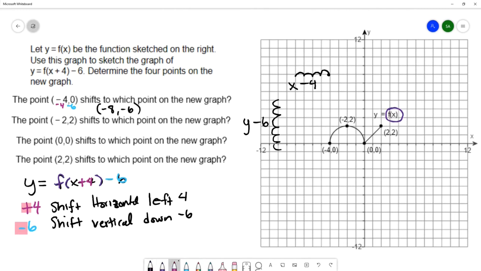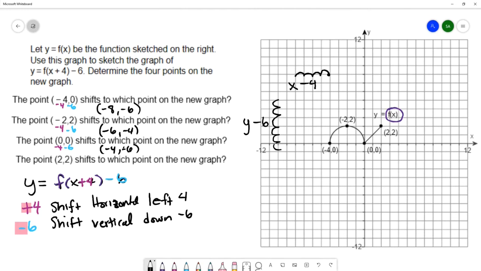So for every one of these, I'm going to subtract 4 from the x, subtract 6 from the y, and my new point for -2, 2 moves to -6, -4. I'm going to subtract 4 from the x of 0, 0, subtract 6 from the y of 0, 0, and we get to the point -4, -6.